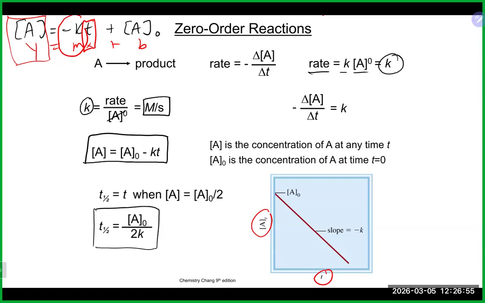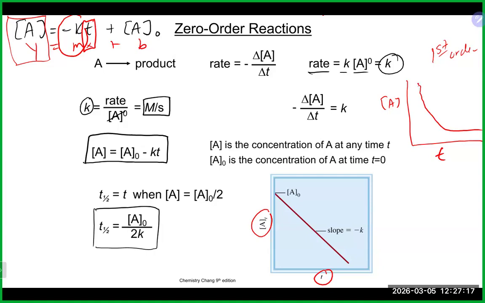Now, you may remember that when we looked at first order, we also saw this exact same graph, which was the concentration versus time. But it did not look the same when it was first order. It was not a linear relationship. It was more of a decreasing with time sort of relationship.